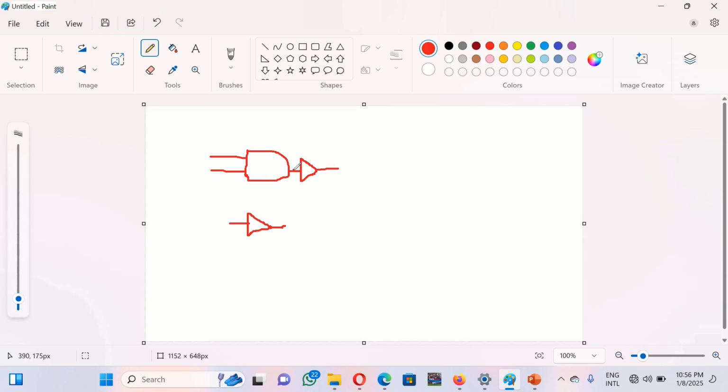So this is a NAND gate, but some books use this simple symbol here.